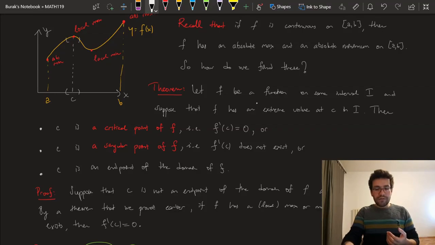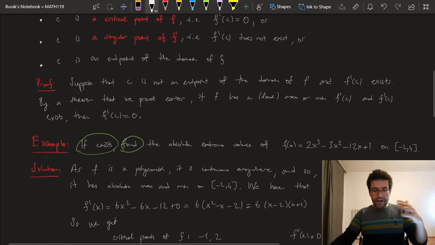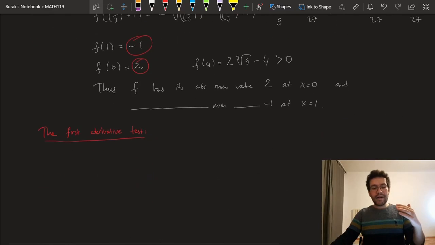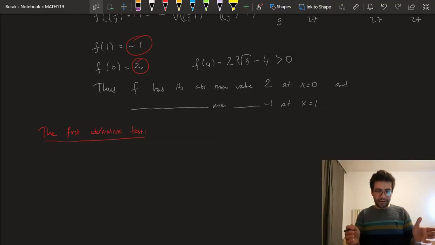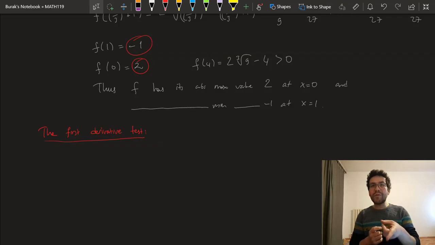We're working with continuous functions on closed and bounded intervals, and this guarantees that there is absolute maximum and absolute minimum. Okay, so far we learned how to find an absolute maximum, an absolute minimum of a function on a closed and bounded interval. But what if you're also interested in local extreme values? You can use the previous theorem as well. Local extreme values will also happen at critical points, endpoints, and so on.